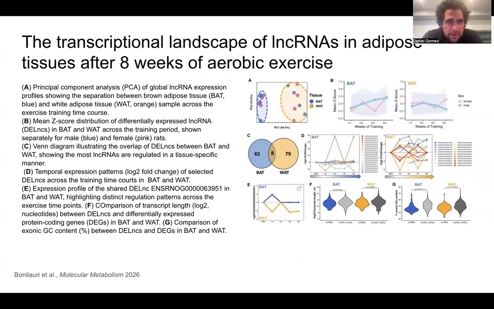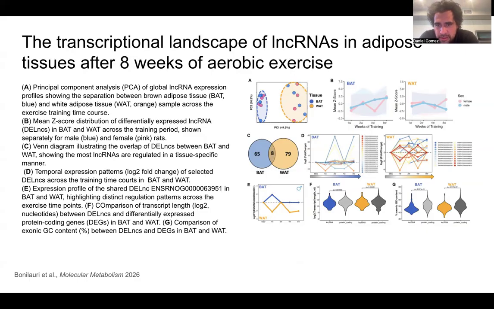And then the mean z-score distribution of differentially expressed lncRNAs in brown adipose and white adipose. A Venn diagram illustrates the overlap of the del-nix between the BAT and WAT adipose tissue, showing mostly lncRNAs that are regulated in a tissue-specific manner.